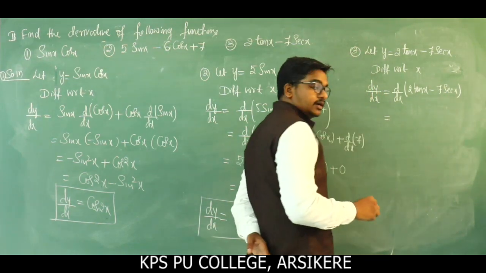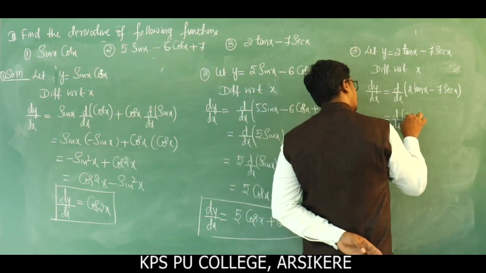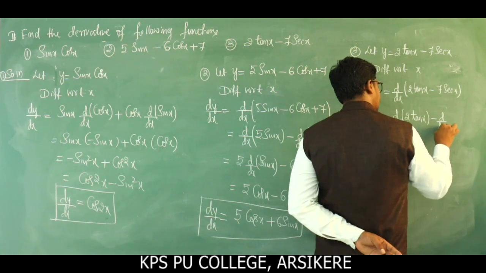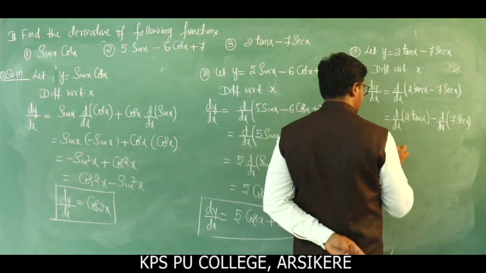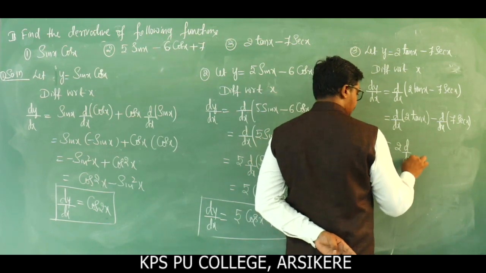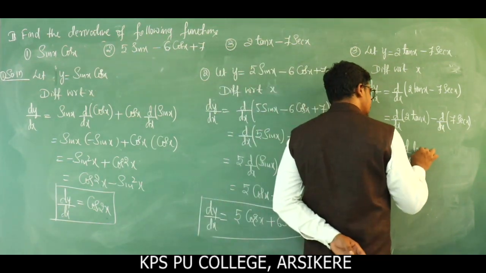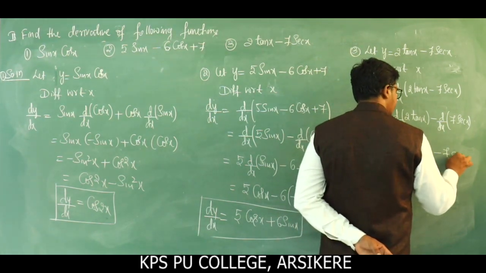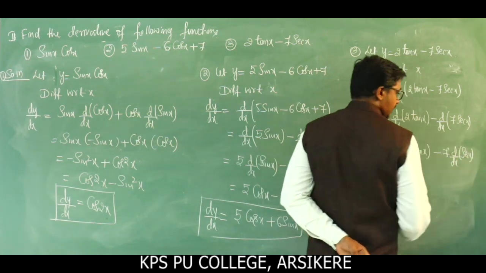Separate the terms. This is d by dx of 2 tan x minus d by dx of 7 secant x. This is 2 into d by dx of tan x. 2 is a constant, take it out of the derivative. Minus 7 into d by dx of secant x.